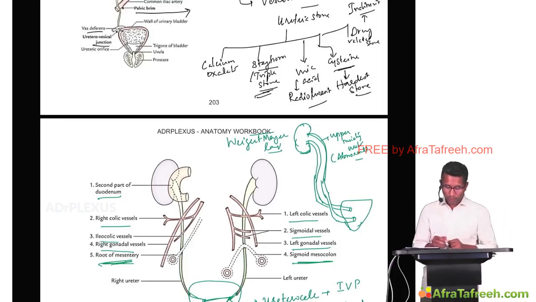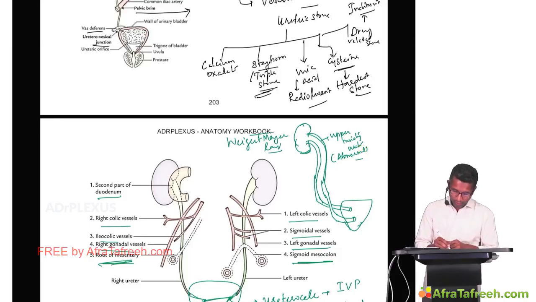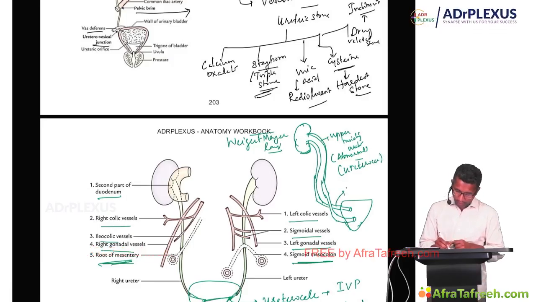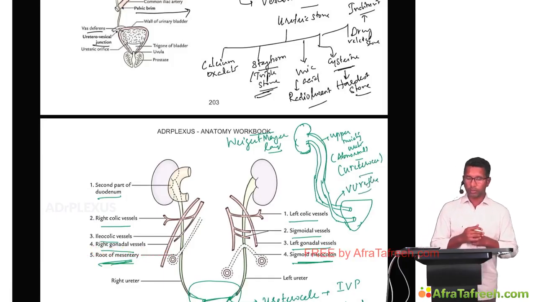The upper moiety ureter can go in for a dilatation at the end, which is called an ureterocele, and the lower moiety ureter can go in for vesicoureteric reflux.